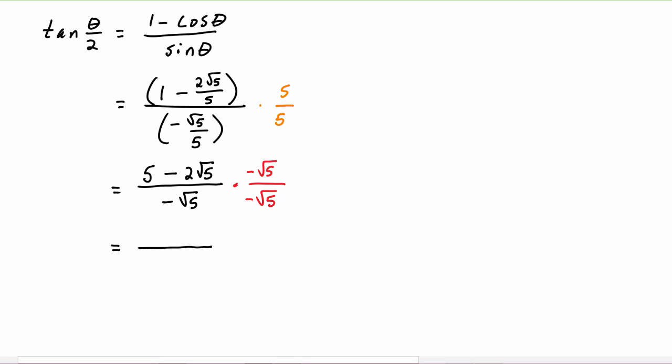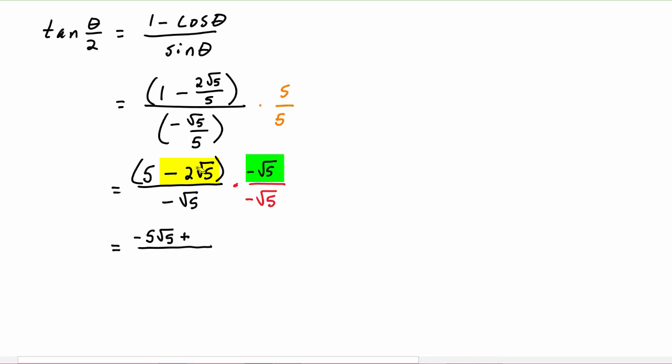So this becomes, we have to distribute the negative radical 5 over the numerator. So negative radical 5 times 5 becomes negative 5 radical 5. Negative radical 5 times this minus 2 radical 5 will become a plus.